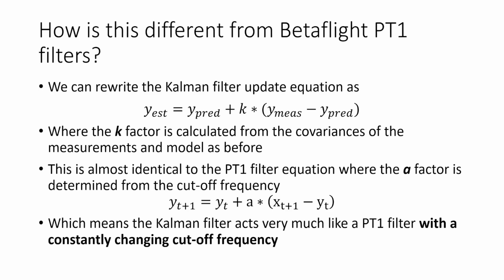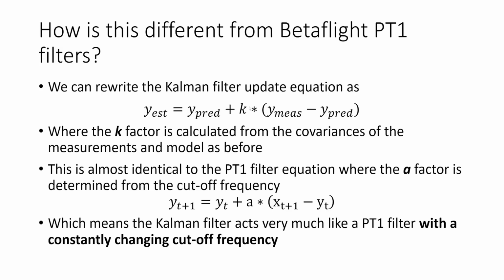So now that we understand exactly how the Kalman filter works, how is this different from Betaflight PT1 filters? For any one variable, we can rewrite the Kalman filter update equation as: the new estimate equals the prediction plus the weighting factor times the measurement minus the prediction.